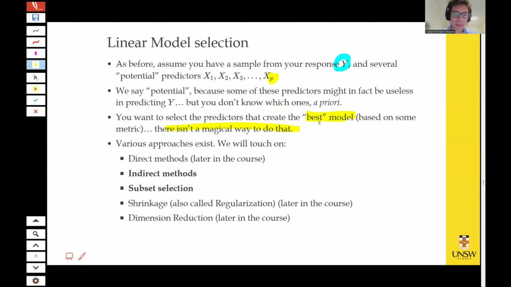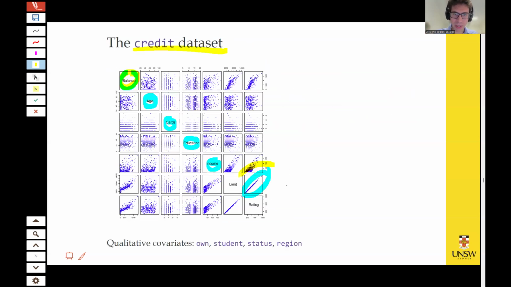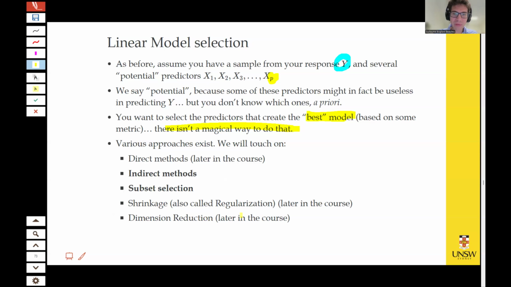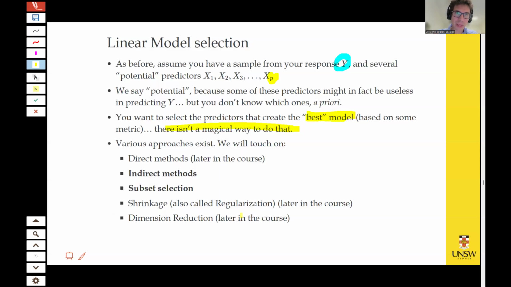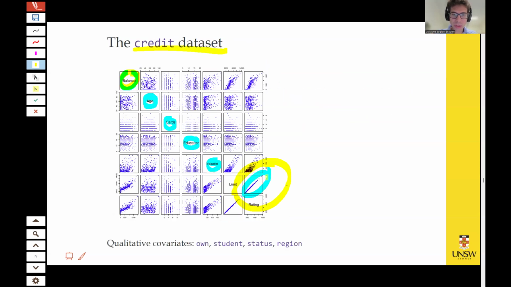And the reason for that, at least one of the reasons, is that the predictors often are related to each other. Okay, well, this was an extreme example here, but even if they're not super strongly related, when they're related, it could be that two predictors, for example, explain the same thing, right?